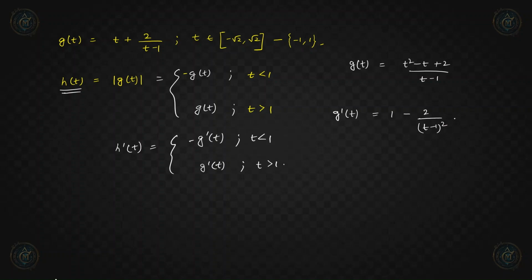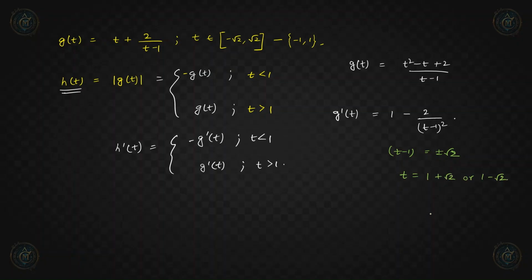So g dash t equal to 0 gives us two critical points. T minus 1 whole square equal to 2. That means t minus 1 is plus minus root 2, right? So we have the critical point t equal to 1 plus root 2 or 1 minus root 2.